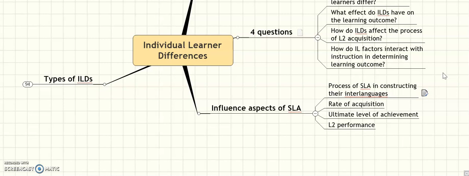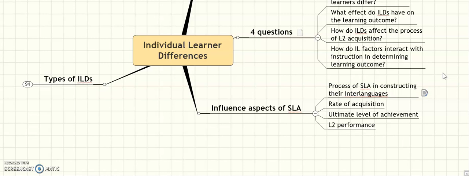The first is that ILDs influence the processes of SLA, particularly in constructing interlanguages.